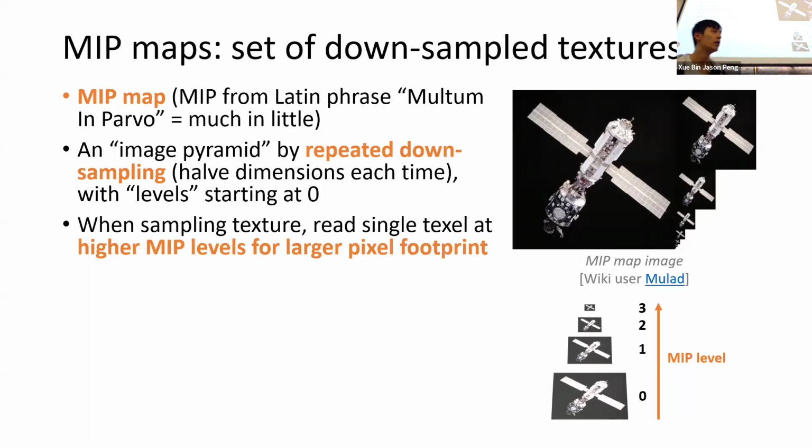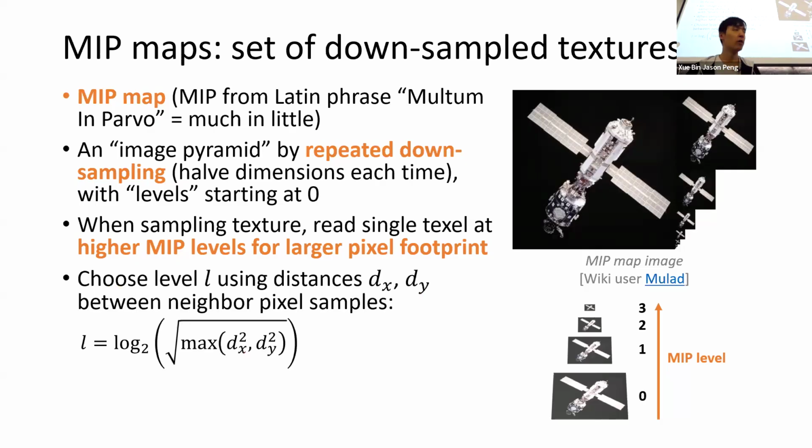Okay. Now, in order to apply these mipmaps, one of the things that we have to determine is what level of the mipmap pyramid we should sample from. So the idea is that if the pixel covers a large region of the original texture, then we should sample from a higher level of this mipmap pyramid.